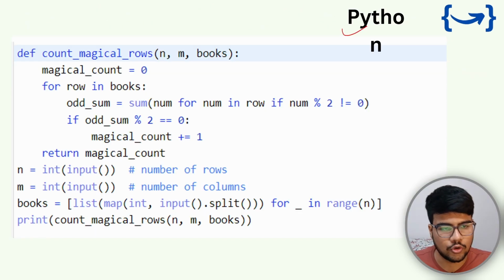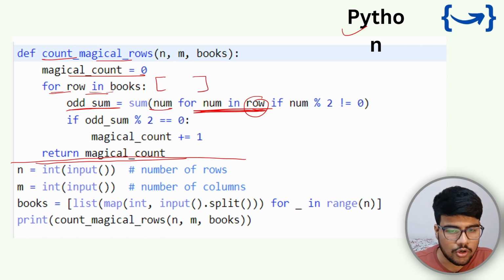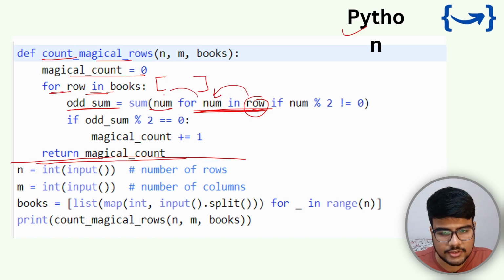So, the Python program. For count magical rows, I created the function as the question states, so we just need to see till return. Okay, so magical count is equivalent to 0, for row in books, odd sum. Now it will find the odd sum present in a row. So what is num? Whatever num that we are getting from the row. What is row? Because this will do for book in row, it will take every row one by one. So every row, whatever nums it has, it will be considered here.